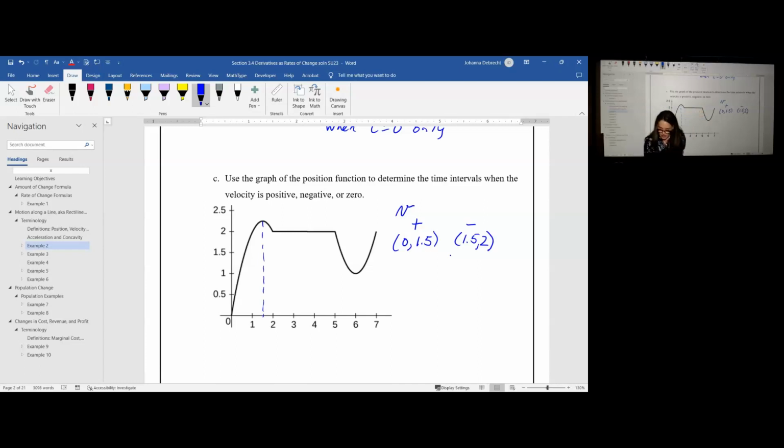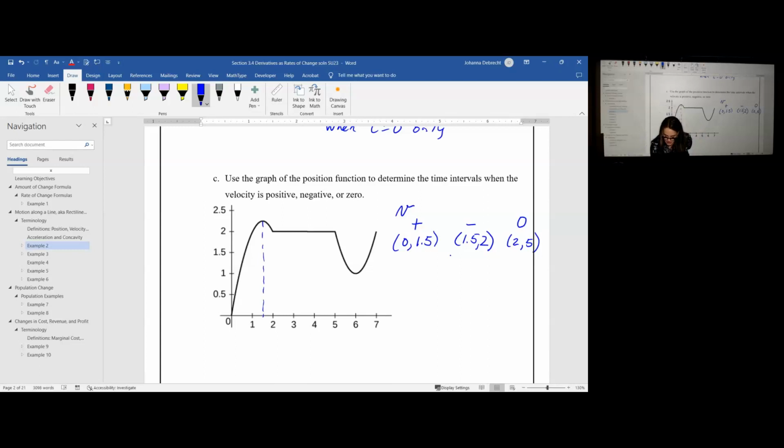This means that the velocity is 0. So from 2 out to 5, the vehicle is not moving. Then the vehicle begins moving again, but it has negative velocity, meaning it must be headed to the left. It's still on the right side of Denver, but it's headed west.